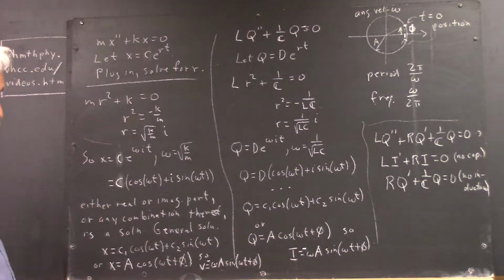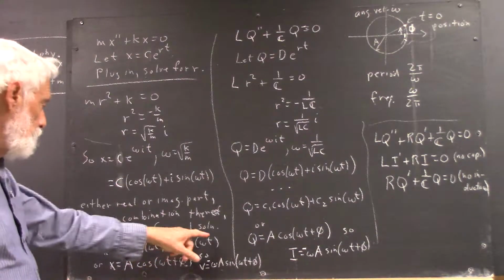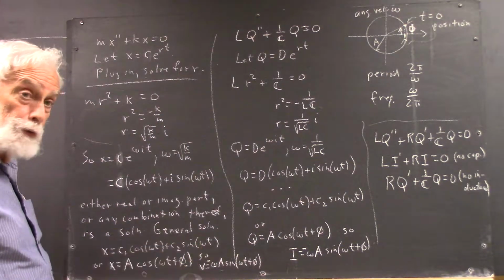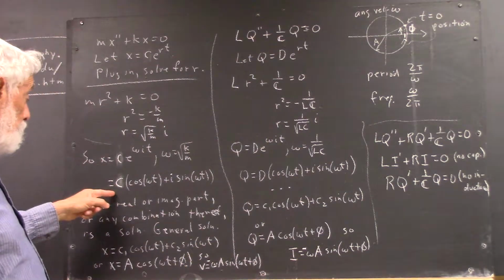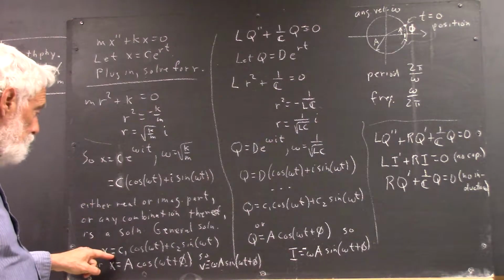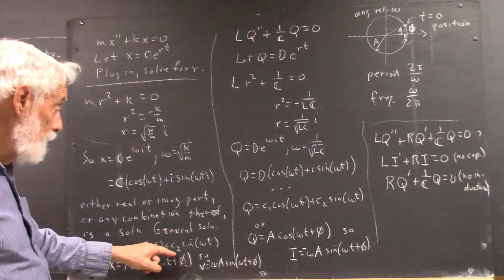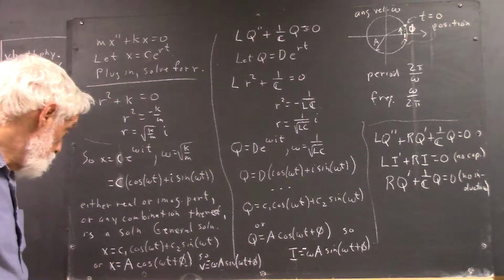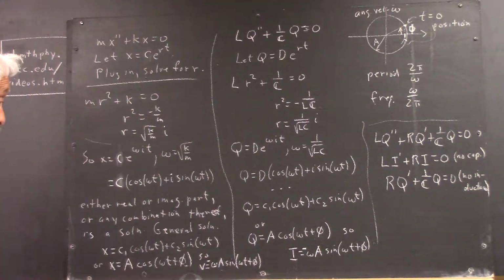Now I'm glossing over that because what it comes down to then is your general solution could be any c1 cosine omega t plus c2 sine omega t. Just let your complex number c be little c1 plus or minus little i c2, and the real part of this solution is going to be just this, right? Or if we want the imaginary part to equal that, well, you can figure out what it would be.